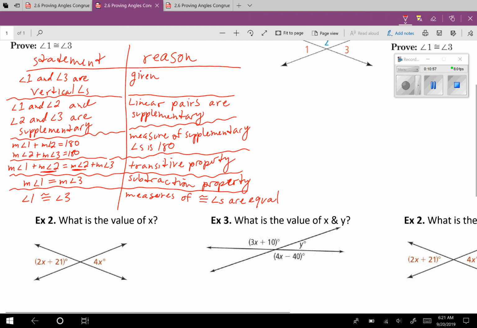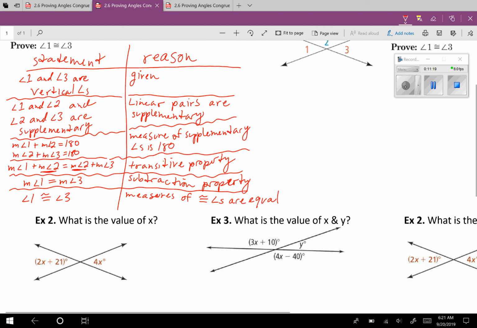And there you go. So you start off here: angle 1 and angle 3 are vertical angles because that's what's given. Angle 1 and angle 2, and angle 2 and angle 3, are supplementary because linear pairs are supplementary, and those are linear pairs there.